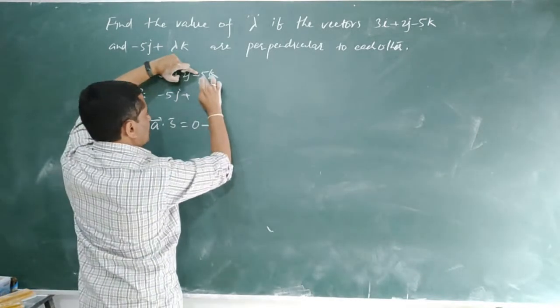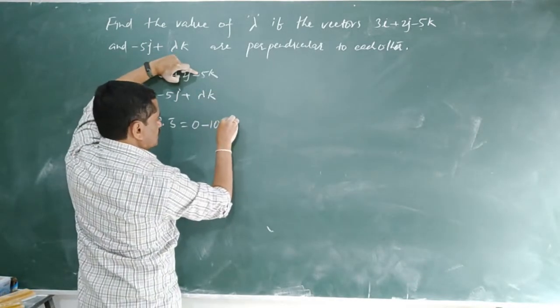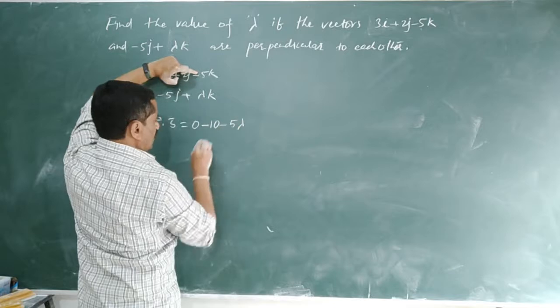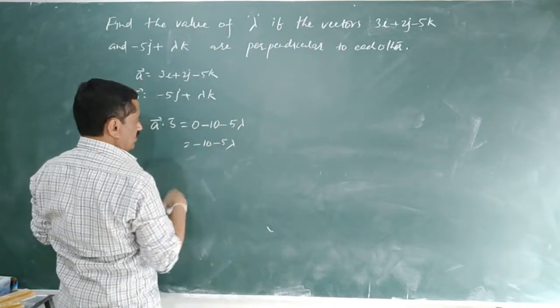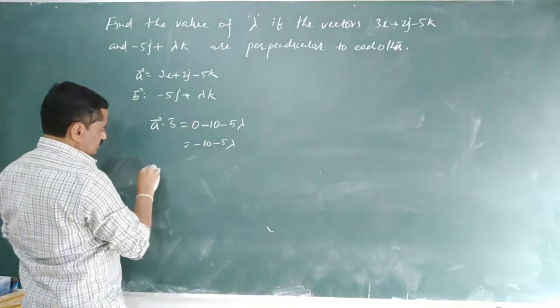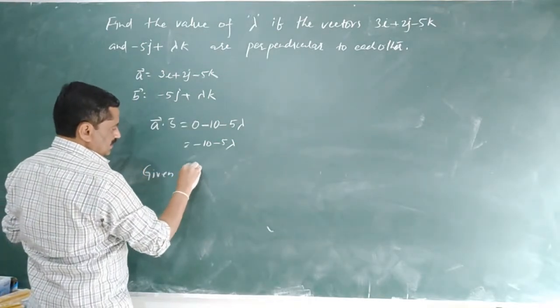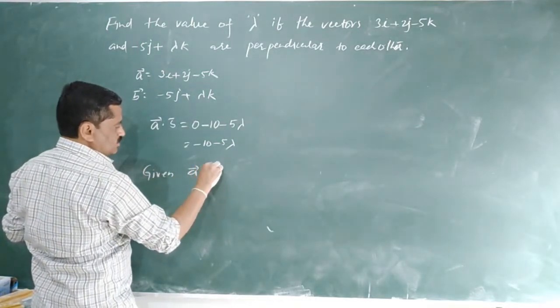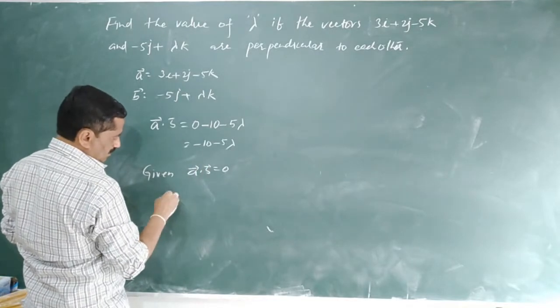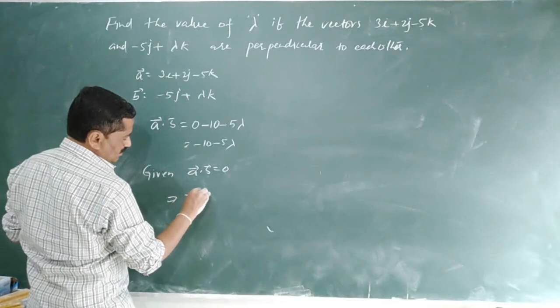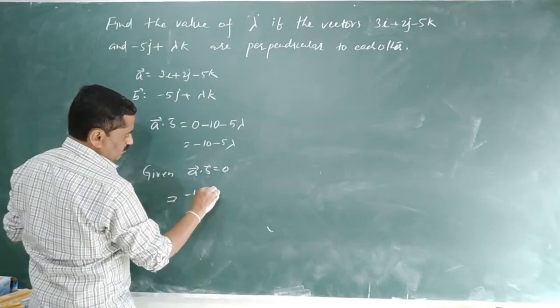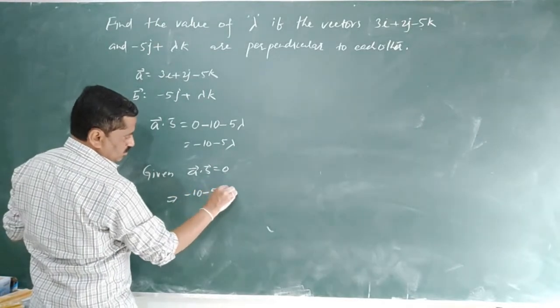Again minus 5 into lambda, we have minus 5 lambda, that is equal to minus 10 minus 5 lambda. But given that a bar dot b bar is equal to 0, that implies minus 10 minus 5 lambda is equal to 0.